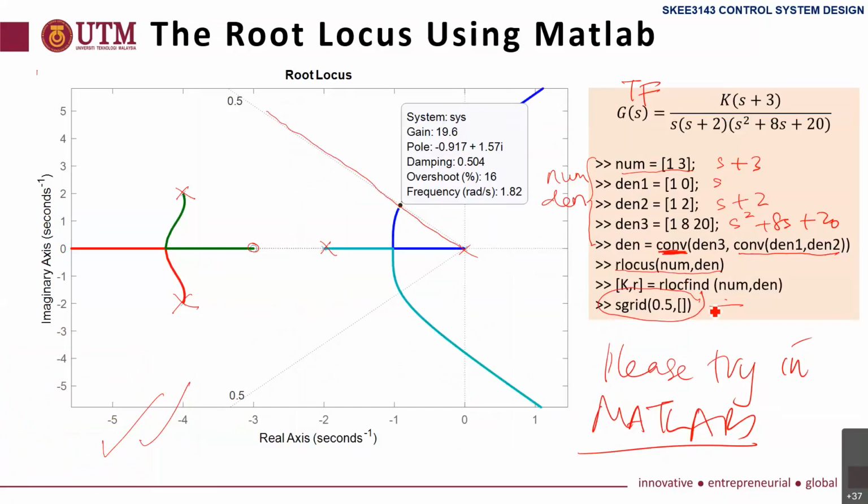This is the command. And if you click at this point, there will be a pop-up giving all these values. And this command, the second last command, gives you the value of K and R, the pole and the gain.